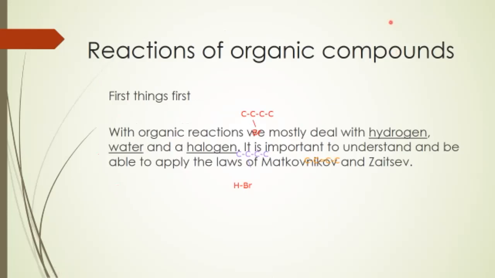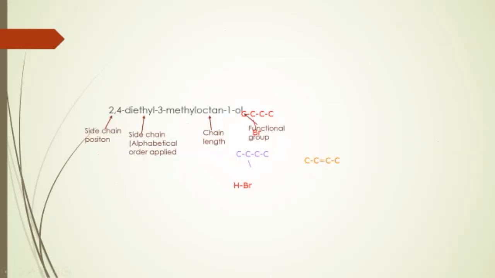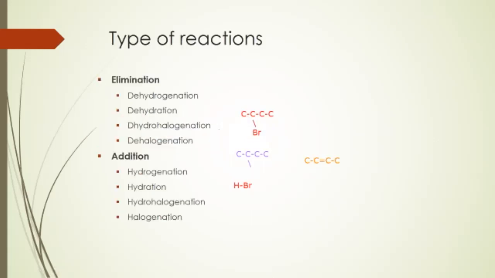Come on, don't do this. Yeah, you've got your hydrogen bonded with bromide. The question is, where is the hydrogen going to go? Don't look at the bromide first. Let's look at the hydrogen.